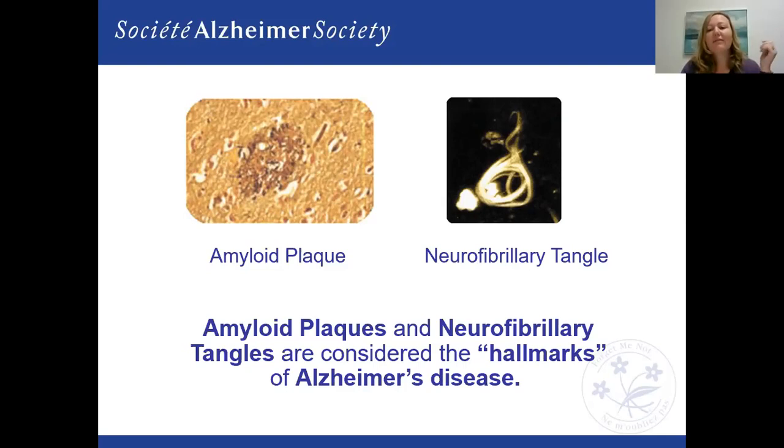Then we have our tangles. Tangles are fiber clumps of a protein called tau. And tau proteins, if you can picture this in your mind, are like parallel railroad tracks in the brain. They keep the brain cells alive because nutrients and other important material are transported along those little railroad tracks.